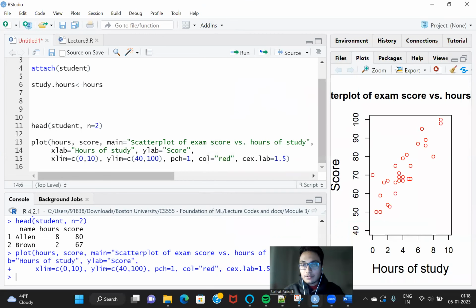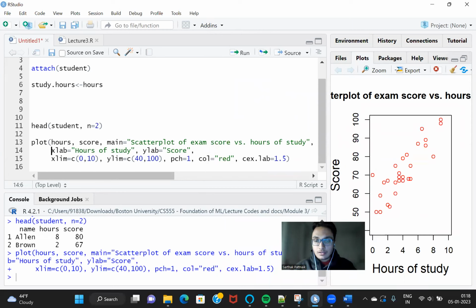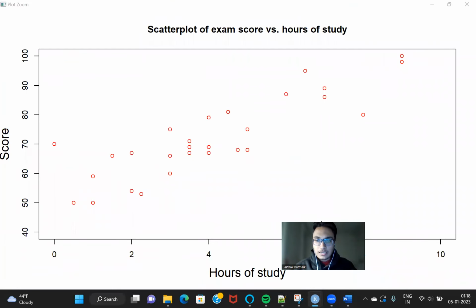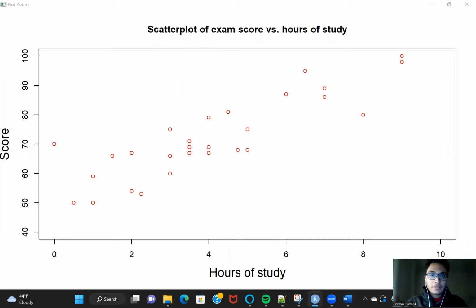And so you can see in this example, I'll just zoom into my screen. Yeah, now you guys can have a better idea. So this is how a basic scatter plot looks. It has one variable on the y-axis and another variable on the x-axis. Here we are trying to show the correlation between hours of study and the final score in the exam.